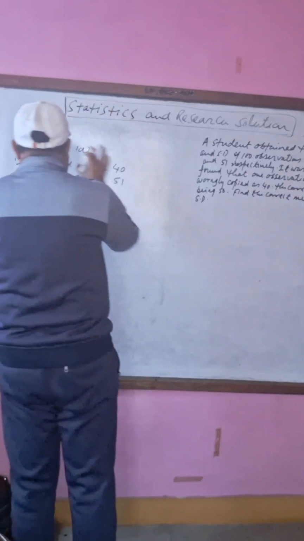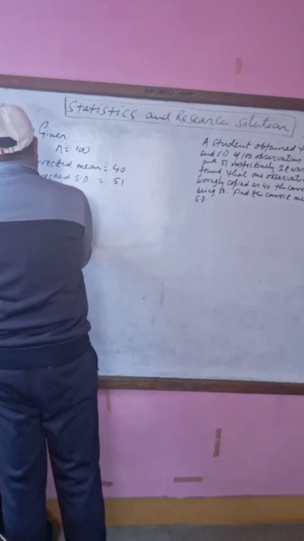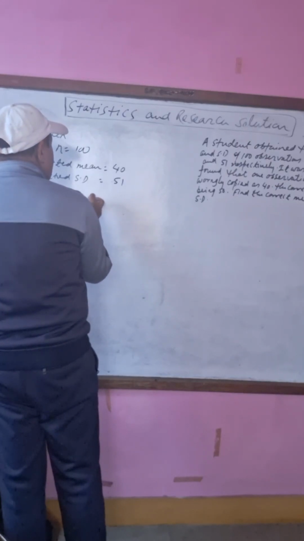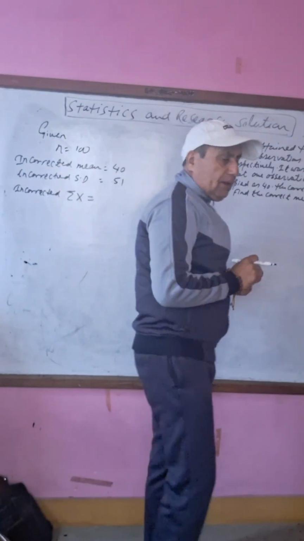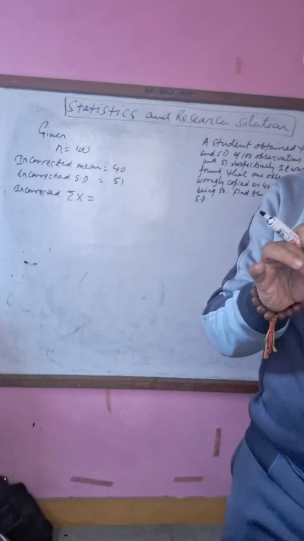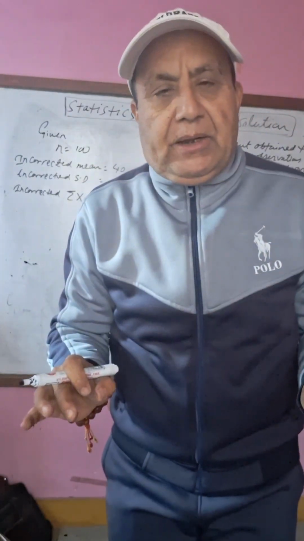Then at first you calculate the incorrect summation x and make the correction over that.